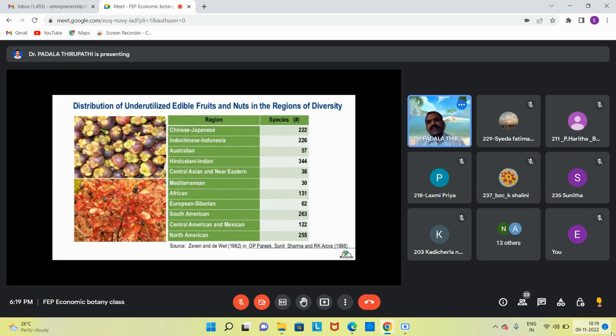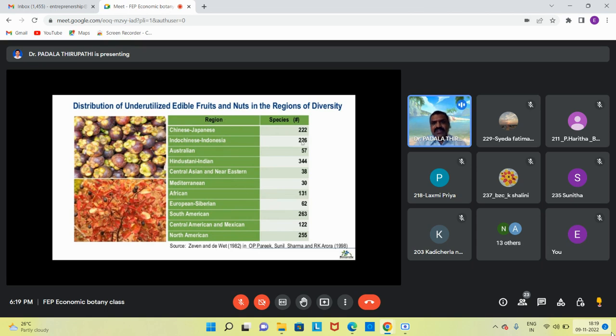So in this diversity, we know that worldwide there are different regions: the Chinese-Japanese region, the Indo-Chinese Indonesian region, the Australian region, the Hindustani Indian region, the Central Asian and Near Eastern region, the Mediterranean region, the African region, the European-Siberian region, the South American region, the Central American and Mexican region, and the North American region.